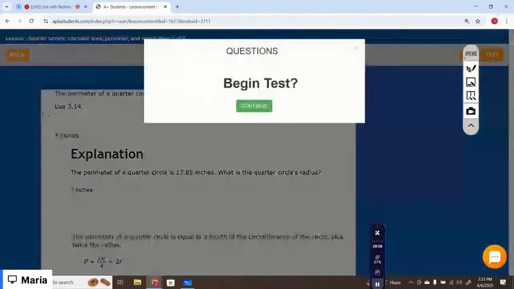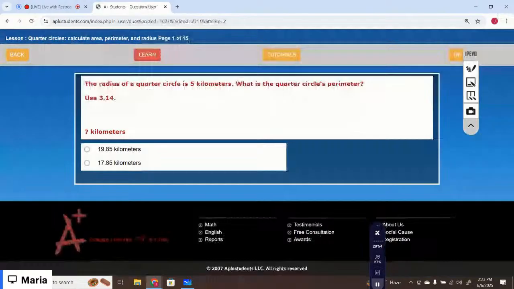Let's just start with the test questions. The radius of a quarter circle is 5 kilometers. What is the quarter circle's perimeter?